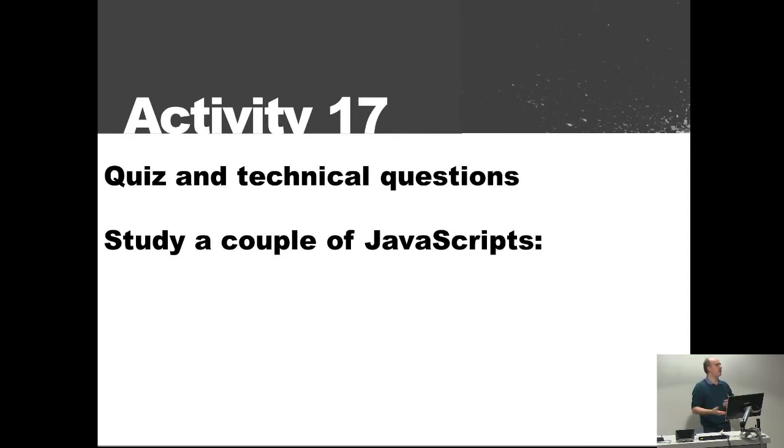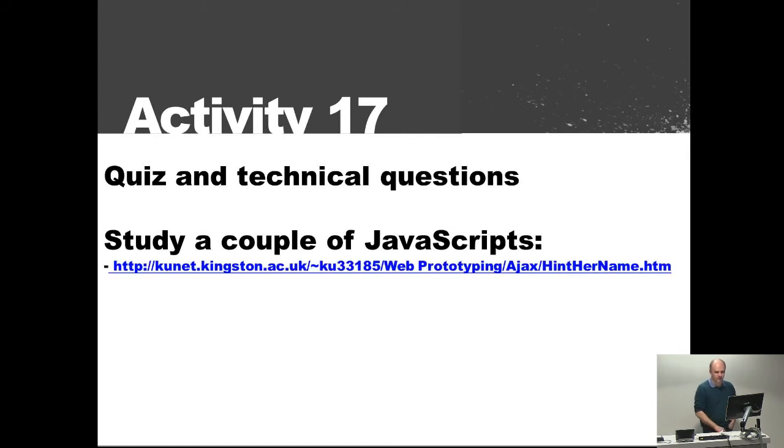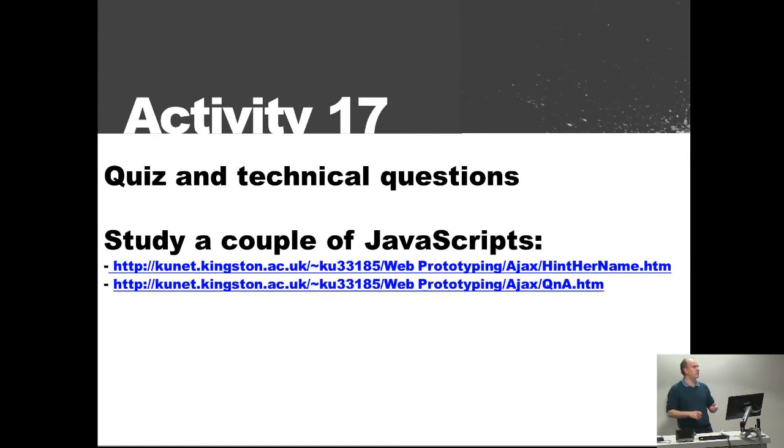It's more what it is generally doing. So I have two JavaScripts, one that I've shown you already, the quiz one. What I'm going to ask you is to create a quiz with many questions, because at the moment I have only one. So you can reuse my code and change it to make it yours and have a whole quiz instead of just a single question.